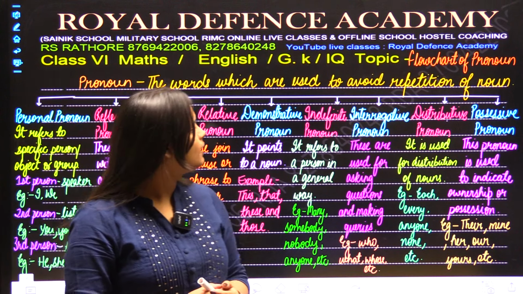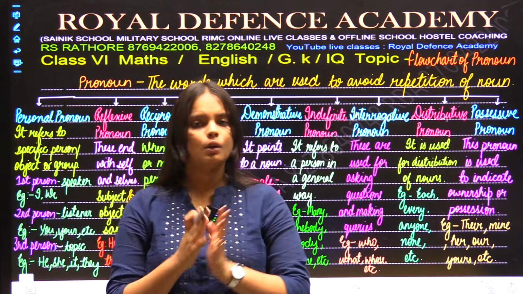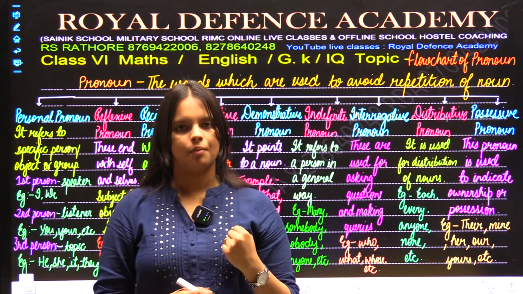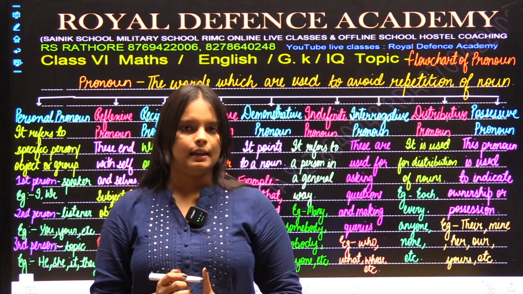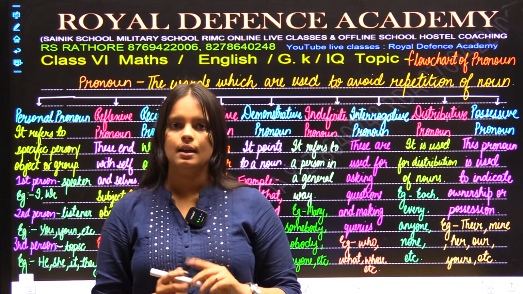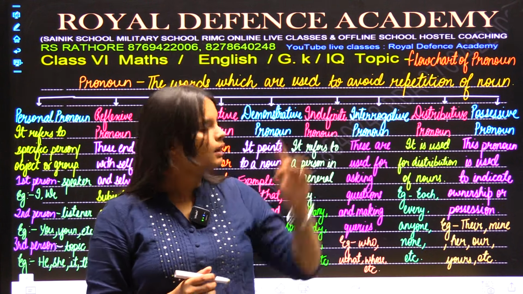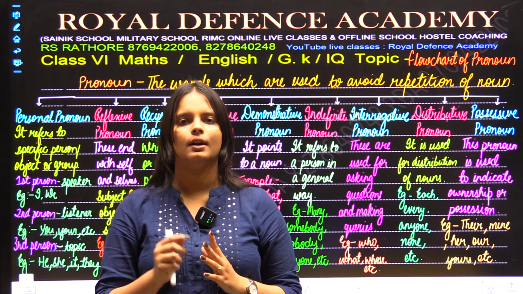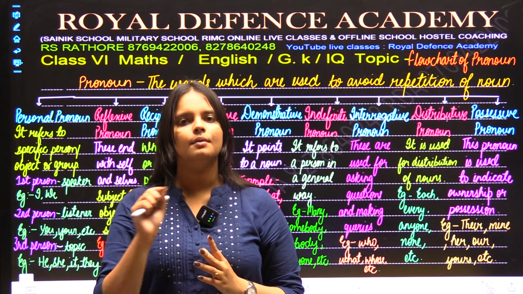Now the 8th one is distributive pronoun. When I am talking about each and every person present, specifically, that case is distributive pronoun. For example, someone is distributing chocolate to everyone present in this class.